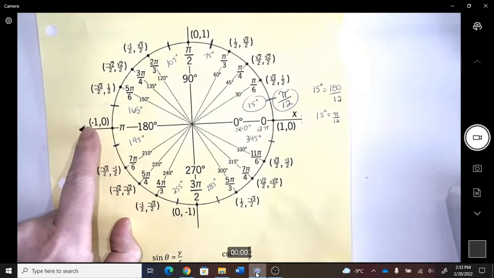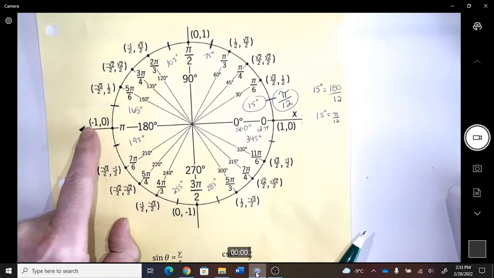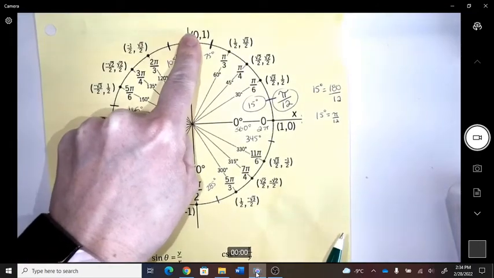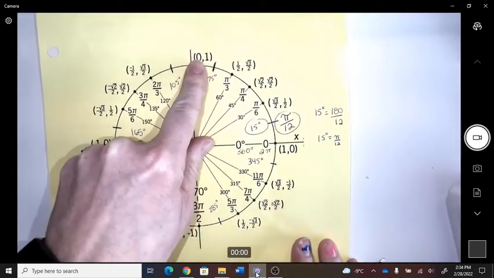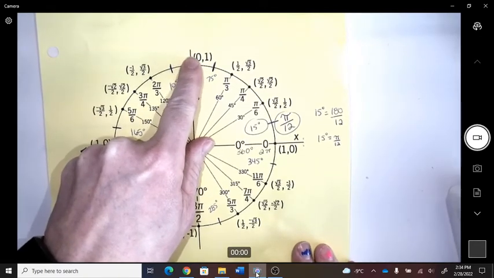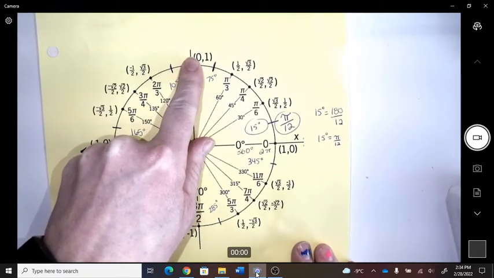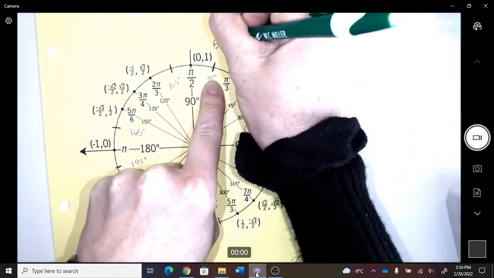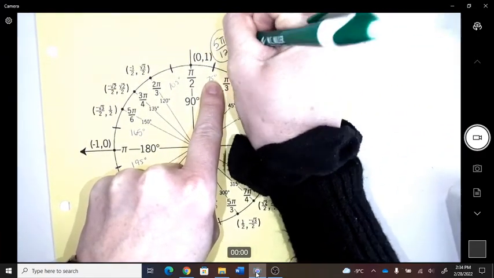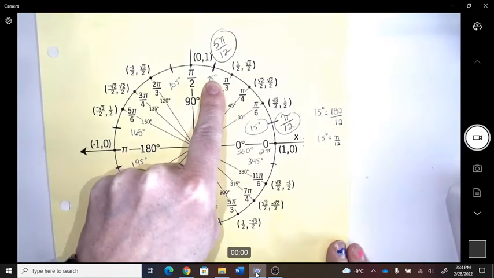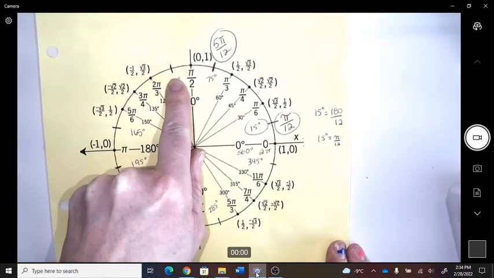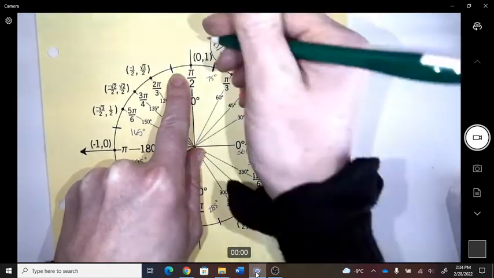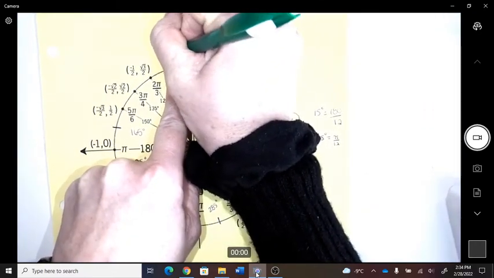So what would I think in my head, though? 12 over 12. Okay. What do you think about this top? How many over 12 would be at the top, right at top? 6 over 12. So what do you think this is? 5 pi over 12? What do you think this one is? 7 pi over 12?